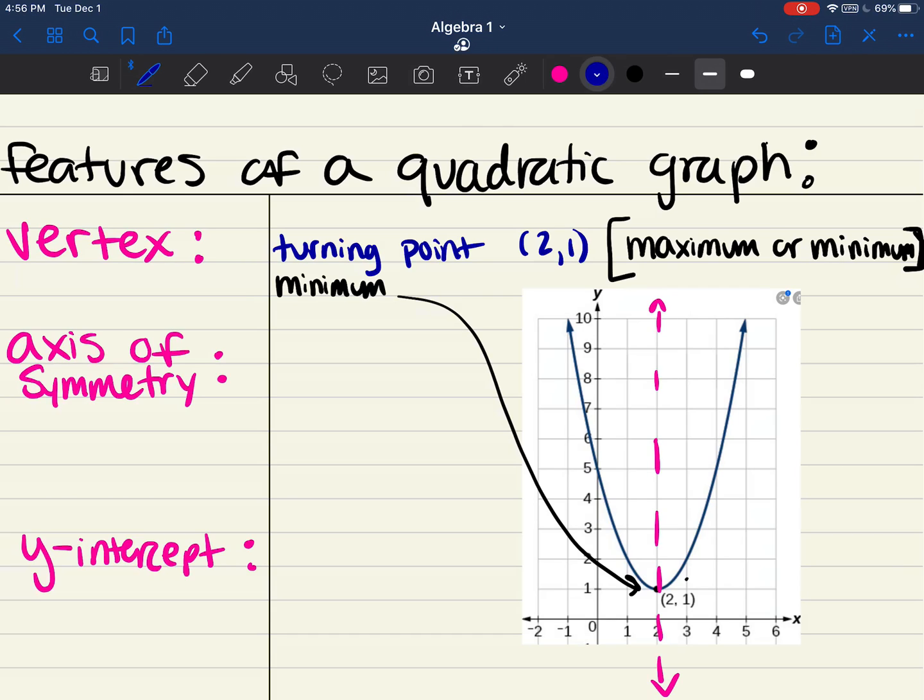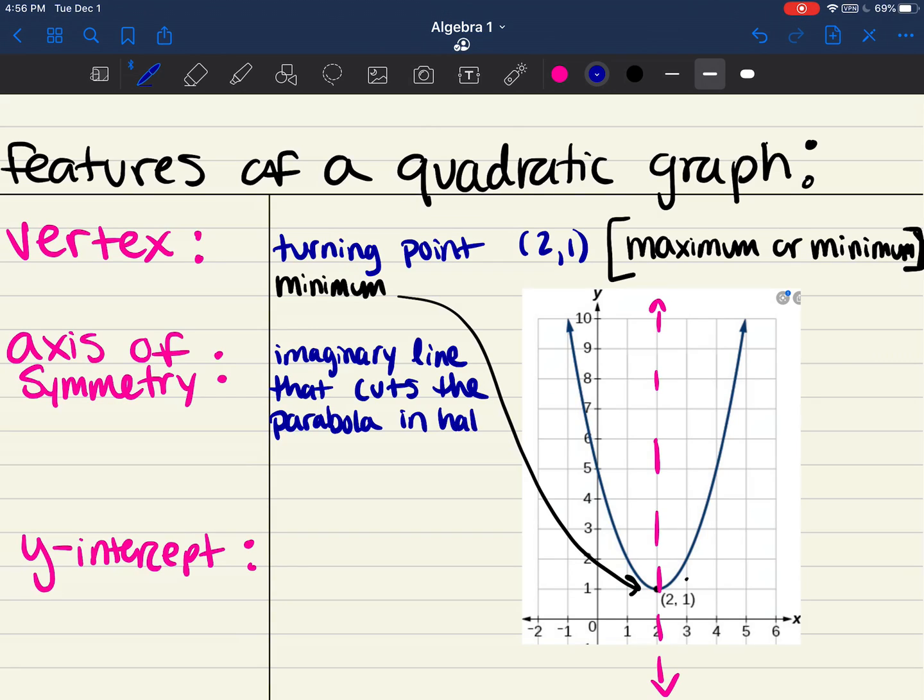And this is something you don't always see on graphs. So it's an imaginary line that cuts the parabola in half. And it's always written x equals some value because this is a vertical line, and that always has the equation x equals some number.